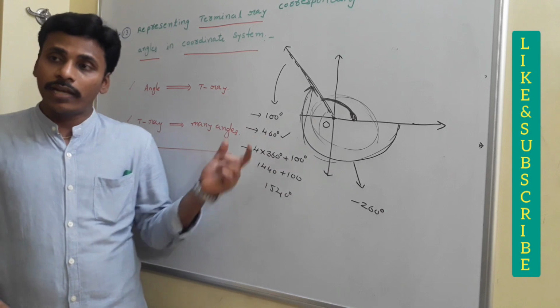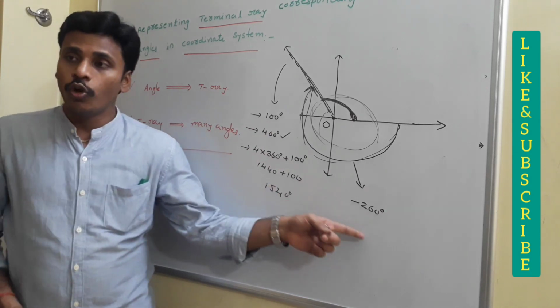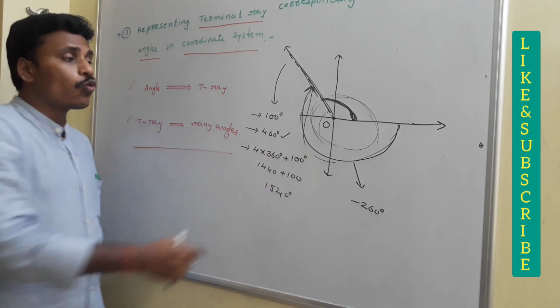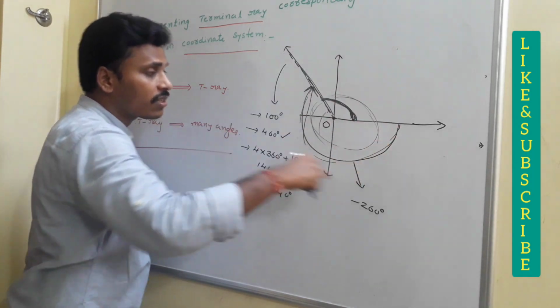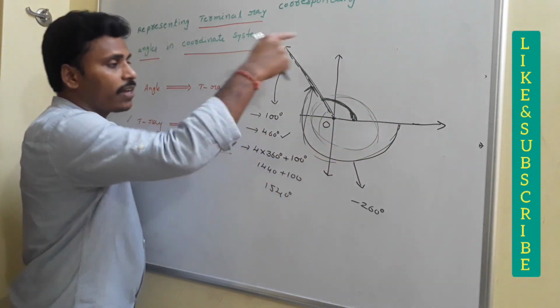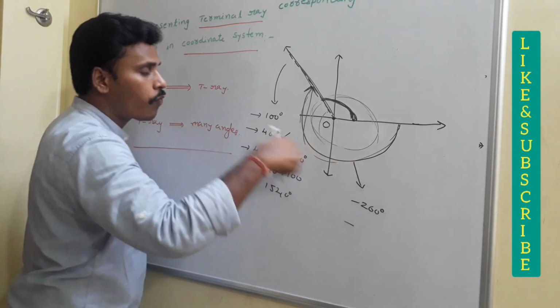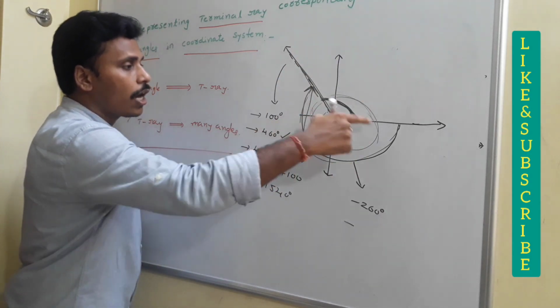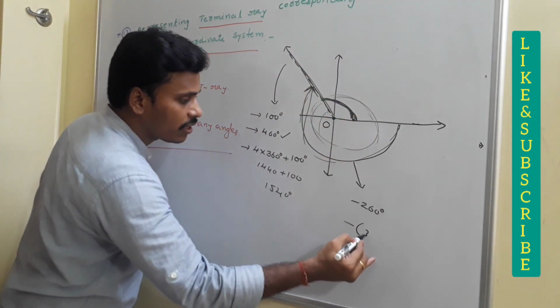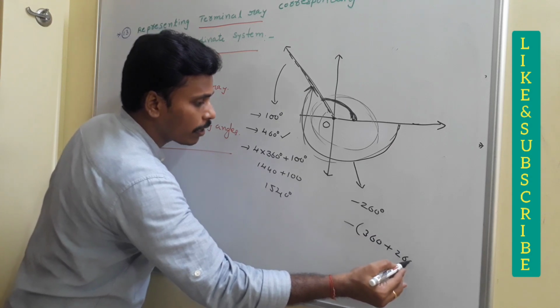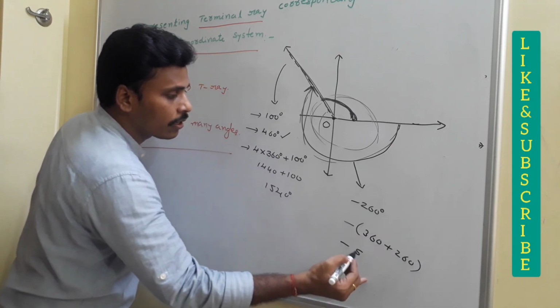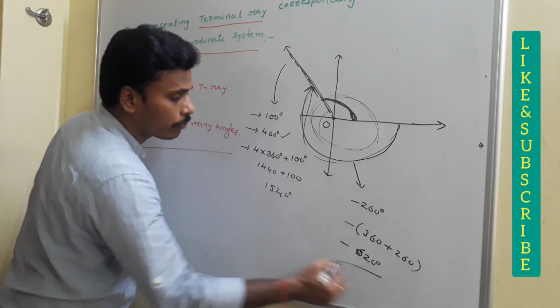If you move clockwise, the same terminal ray corresponds to minus 260 degrees. If you run one more rotation in this clockwise direction, then after completion of 360 you need to run 260 more, so this is minus 360 minus 260, and you may say it is minus 620 degrees also.